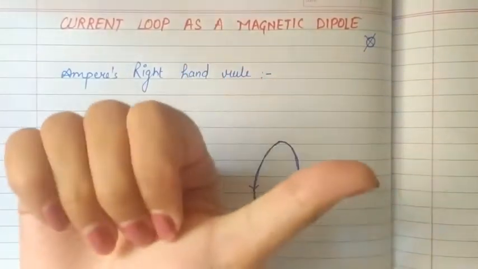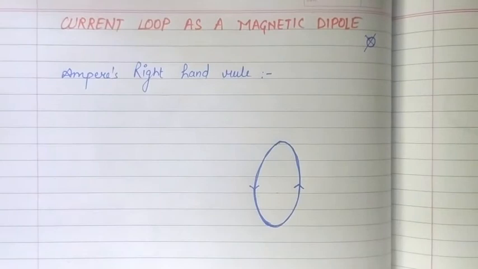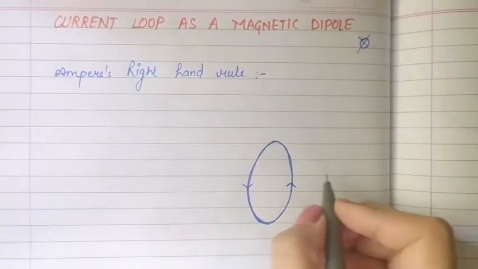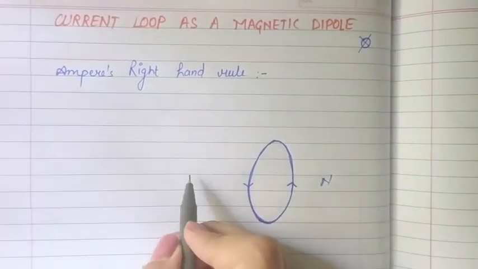So this is the case. That means at the right side of the loop I have the polarity that is north, means this is the north facing polarity. Here it is north and this is the south one.